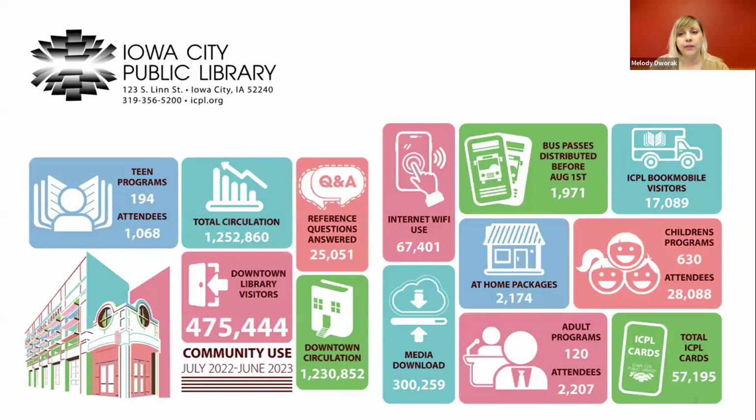And so we are a size H library too. We're proud to have approaching 60,000 cardholders. And last year after the pandemic, we had such a downward trend in circ, but we're finally back over 1.25 million circulations. So we're thrilled that that's happening.